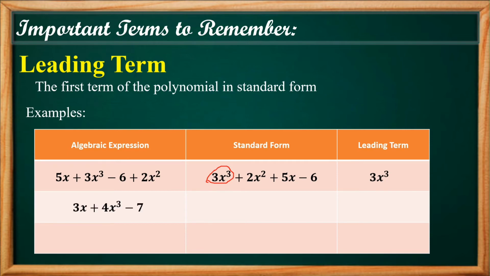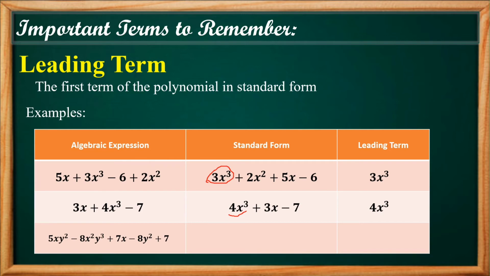The same, on this part, let's change to standard form. The standard form of this is 4x cubed plus 3x minus 7. Then, ang nauuna na term, ito siya. Then, the leading term is 4x cubed.